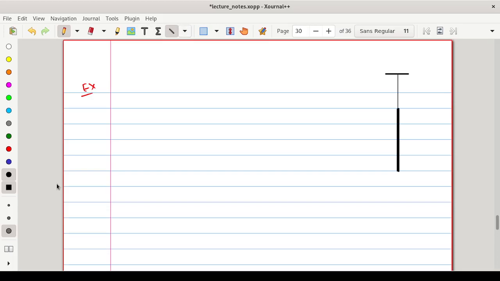Along this bar are suspended two masses, a big mass and a smaller mass.